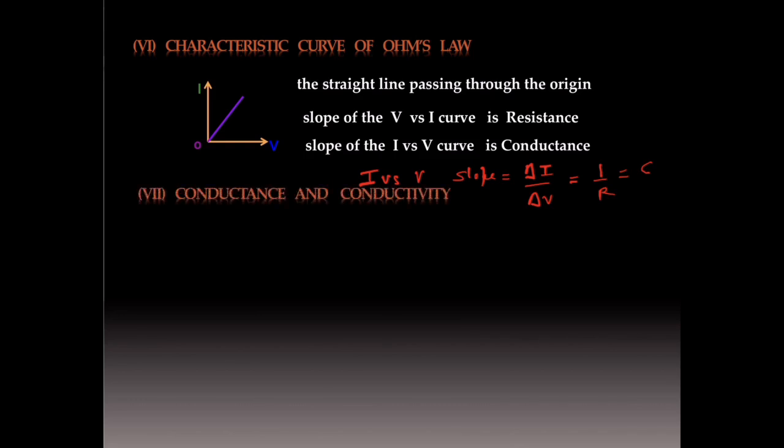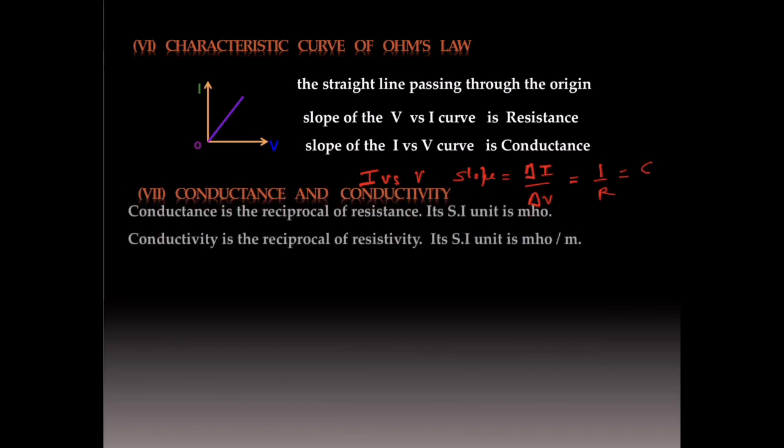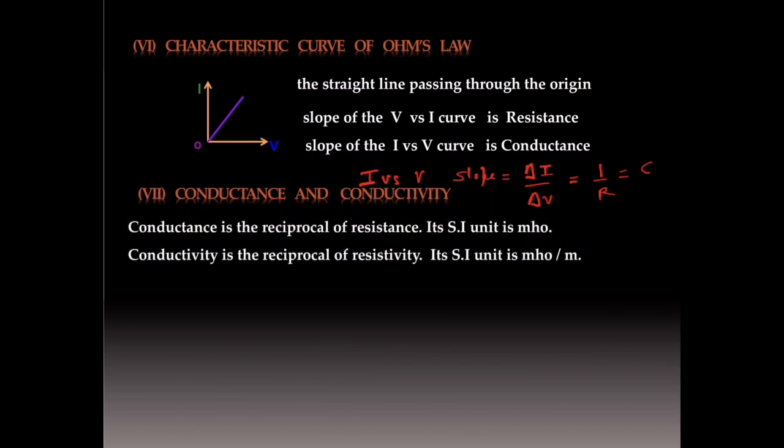Now conductance and conductivity. Conductance is the reciprocal of resistance. Its SI unit is mho. Mho is the reverse or inverse of ohm. Conductivity is the reciprocal of resistivity, so the SI unit of conductivity is mho per meter.